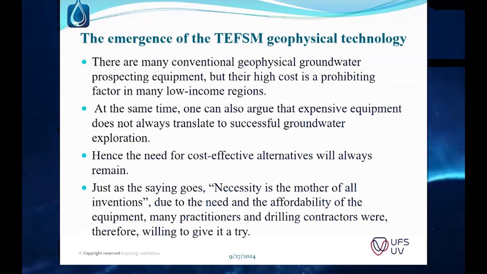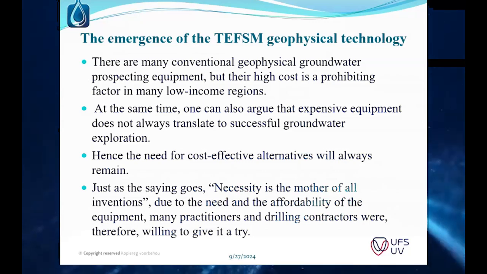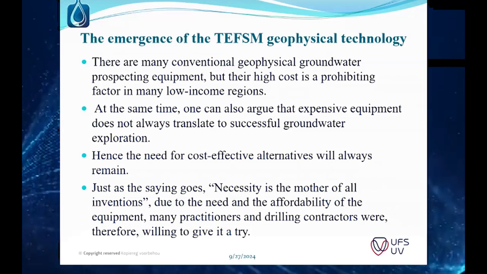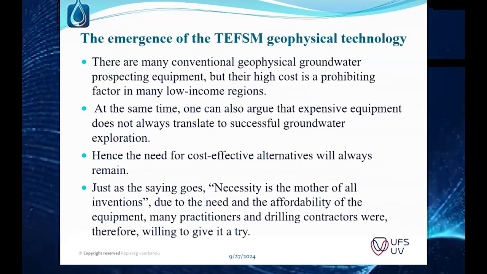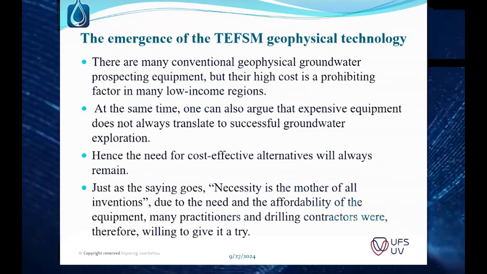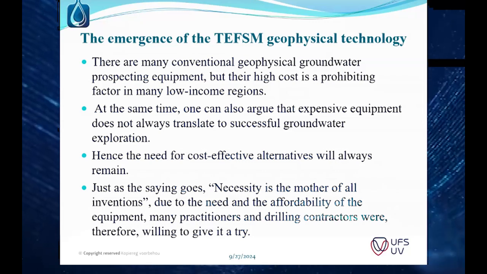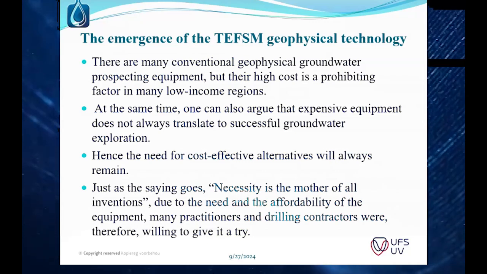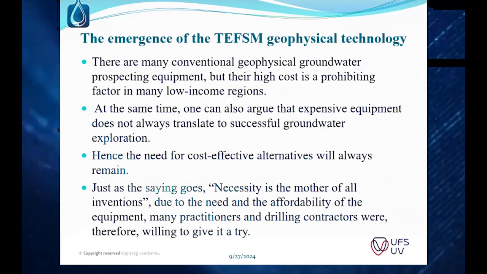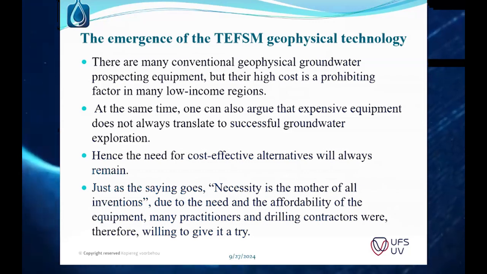So it leaves a gap for equipment that is low cost but also effective. Because of that necessity, many practitioners and drillers are willing to try something new, irrespective of whether we know the pros and cons, because there's a need for such innovation and technology.